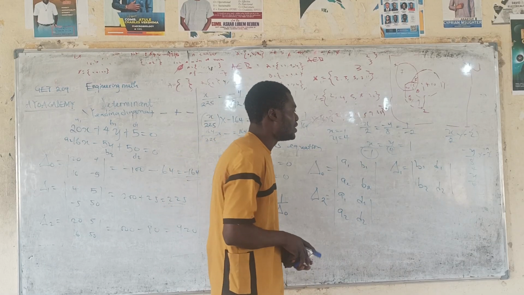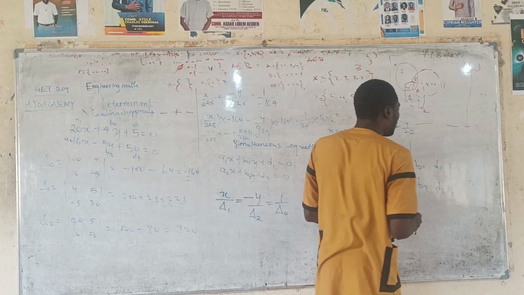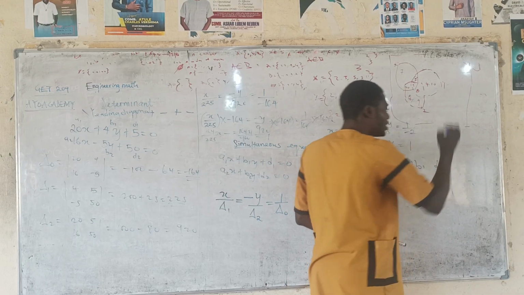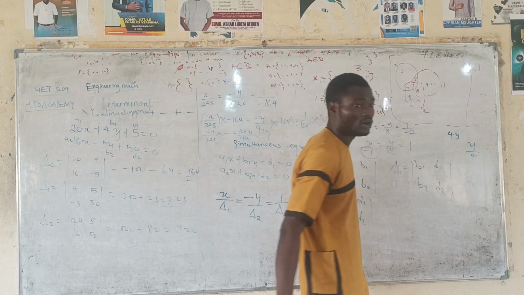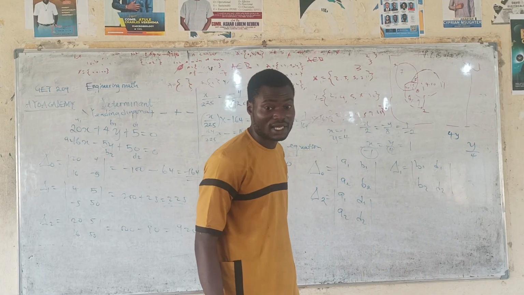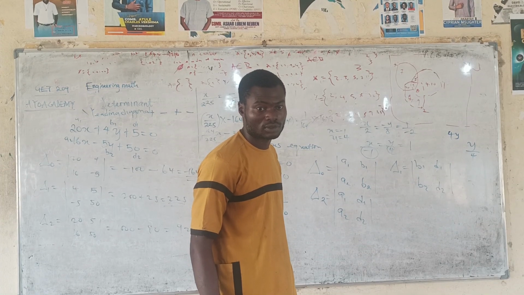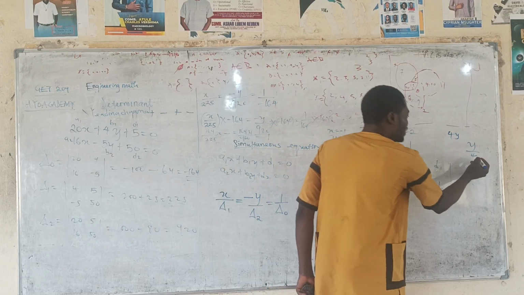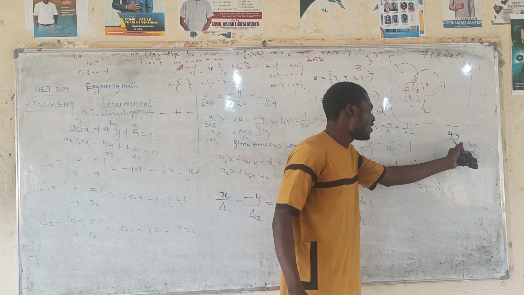But assuming we now have 4y instead of y over 4, what do you think will be the answer? Assuming the one that is under, that's what we are taking. But let's say we now have 4y.